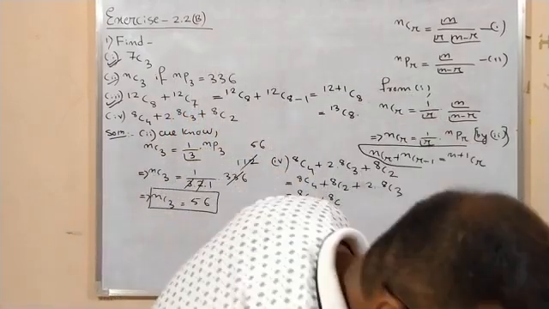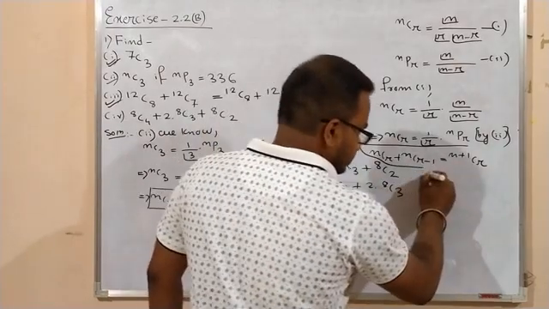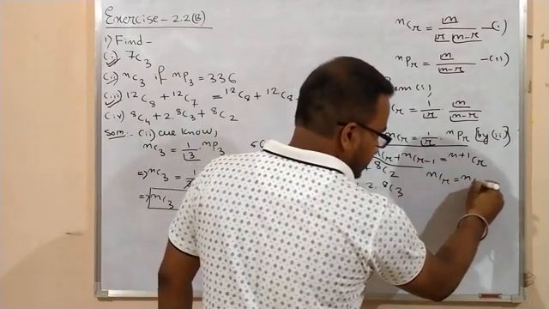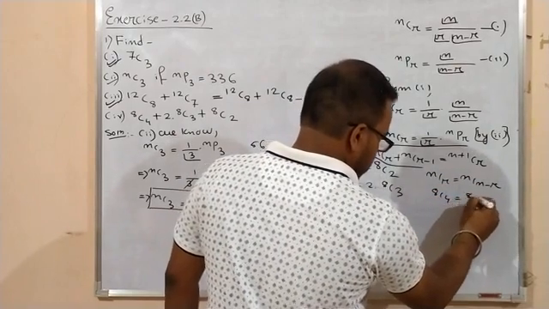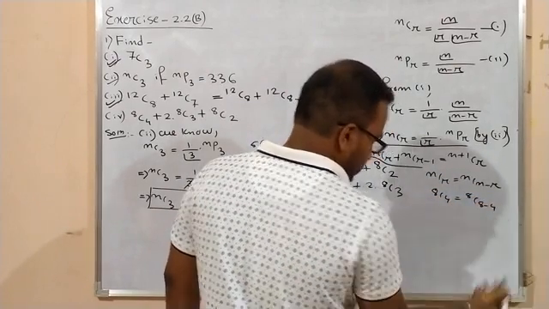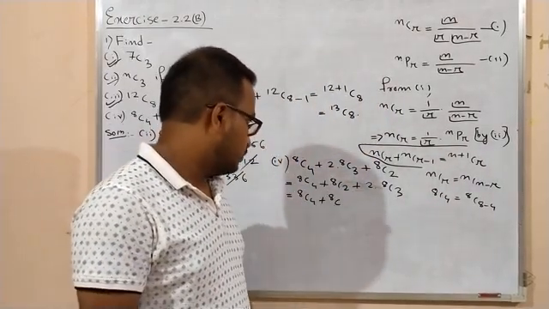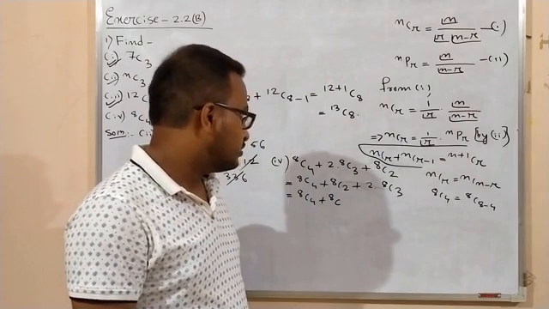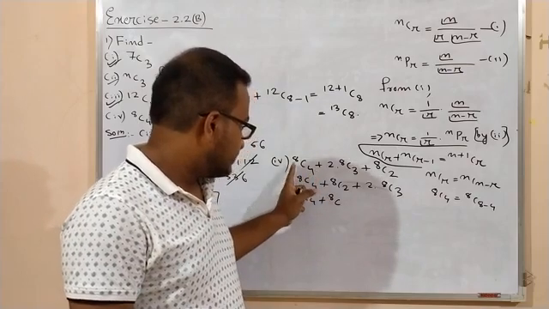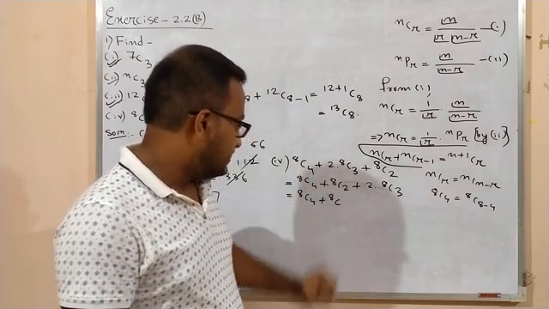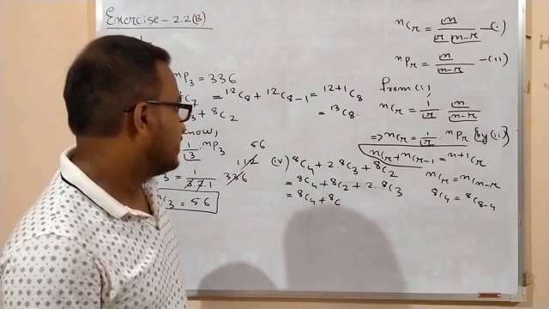So 8C4 equals 8C(8 minus 2), so it is again 8C4. How to use this one? 8C2, 8C4, 8C3. How to do it?